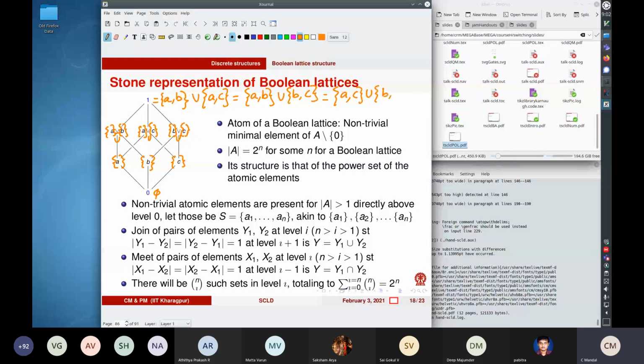As you can see, you get the correspondence between the Boolean power set lattice and the Boolean algebra constructed out of the atoms A, B, and C.